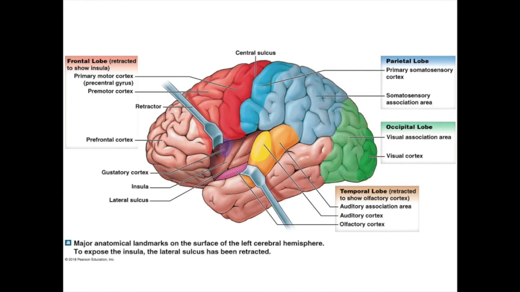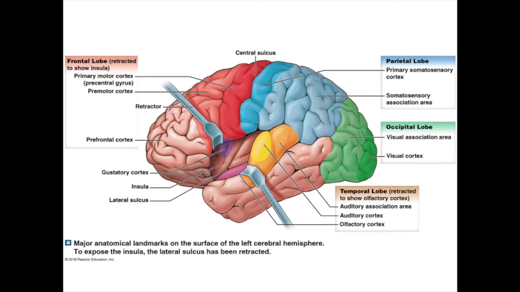But again, a picture like this may be very helpful for you as a review, once you go through all the slides and the video. So the parietal and the frontal are separated by the central sulcus. The area anterior to the central sulcus is called the precentral gyrus. Precentral, before the central, is the motor cortex, called the primary motor cortex.